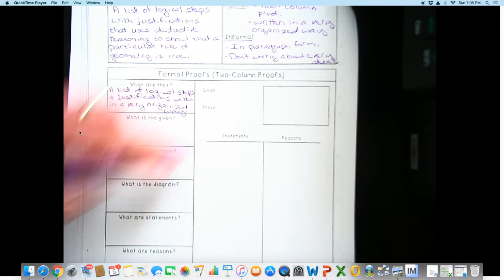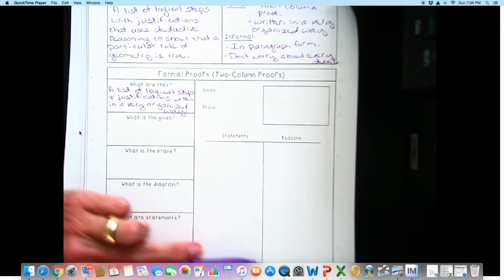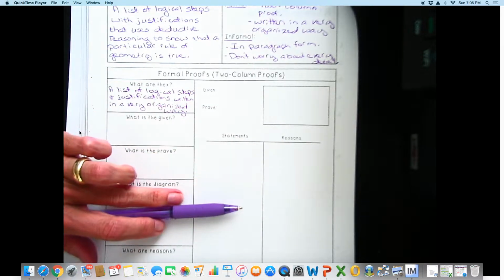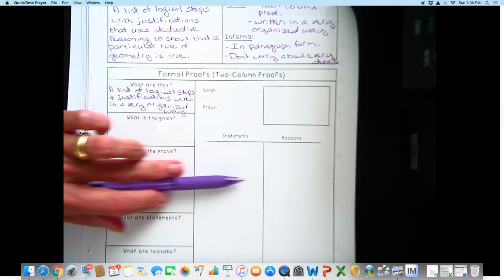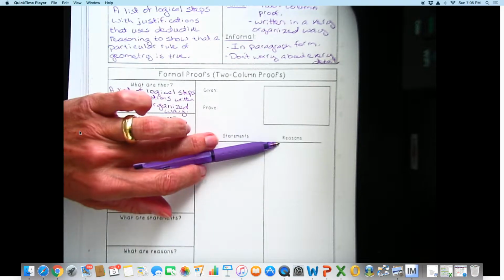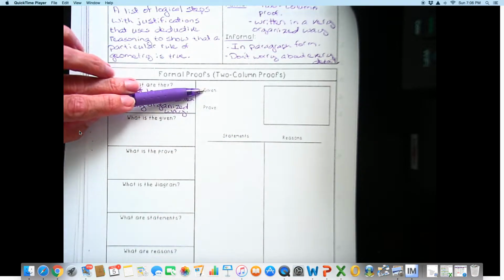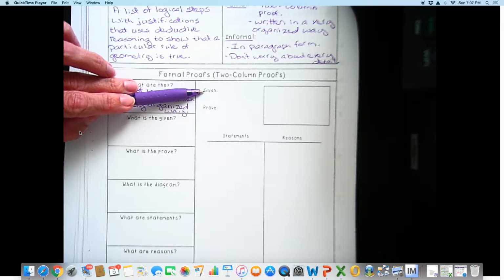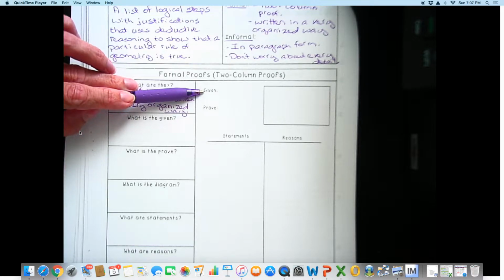And in fact, this right here is a kind of template or layout of what a formal proof would look like. You can see that there's two columns. We have statements and reasons. We also have our given information and we have what we have to prove. So we always start out with something that we're given.